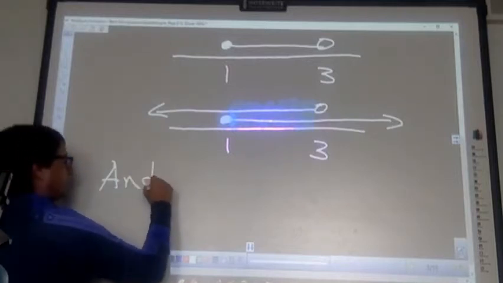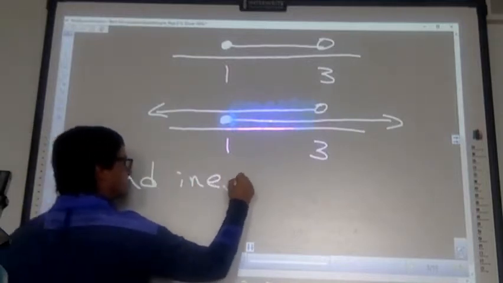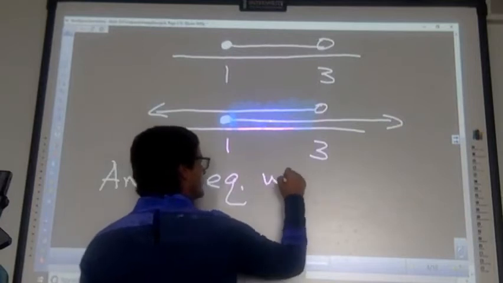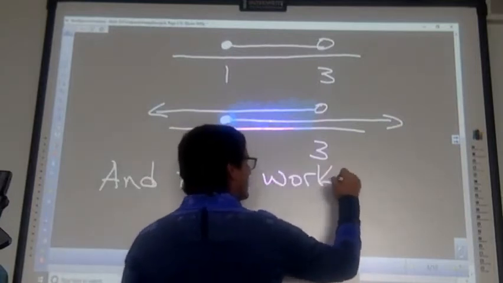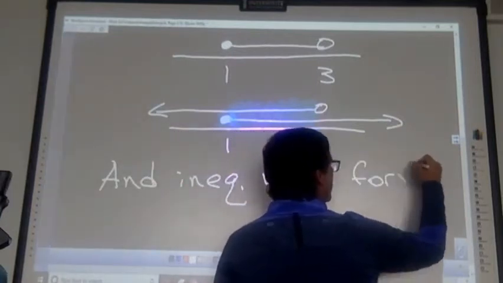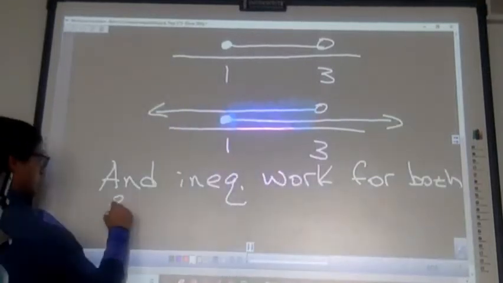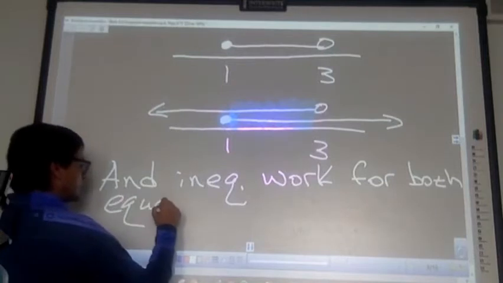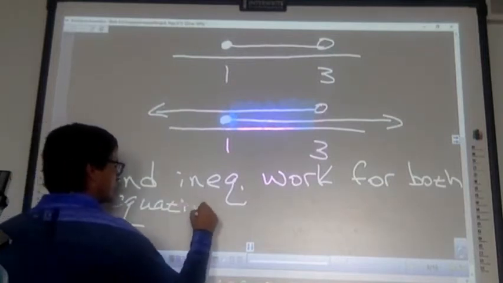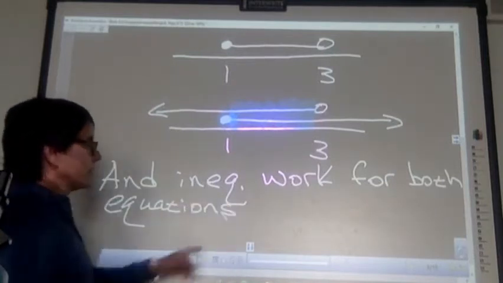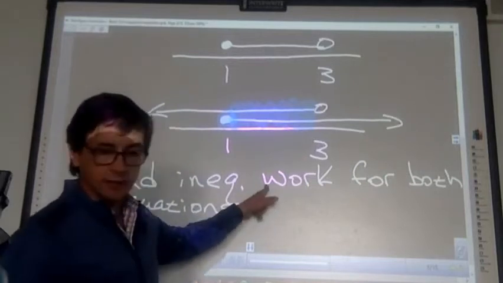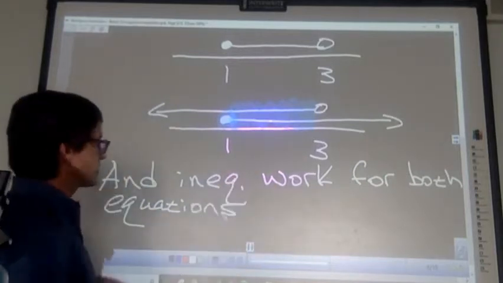And inequalities, they work for both equations. You could say, and inequality solutions work for both equations.